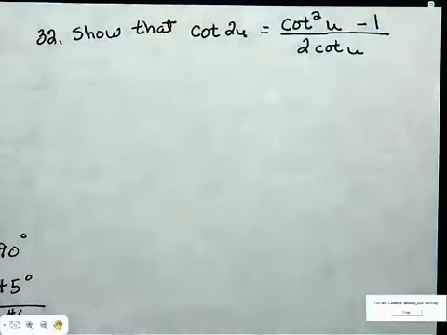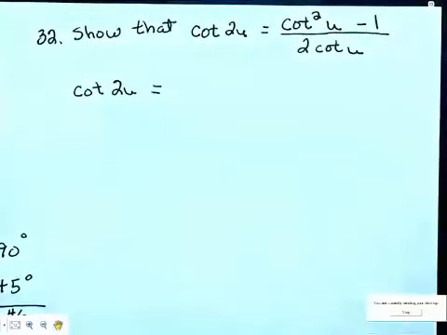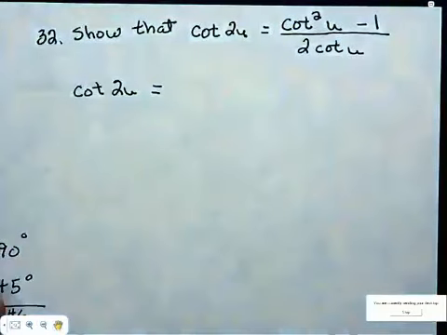First thing I'm thinking is I don't have a double angle formula for cotangent. I have a double angle formula for tangent. How could I write cotangent 2u in terms of something that I do have a formula for? Thinking too hard about that one.